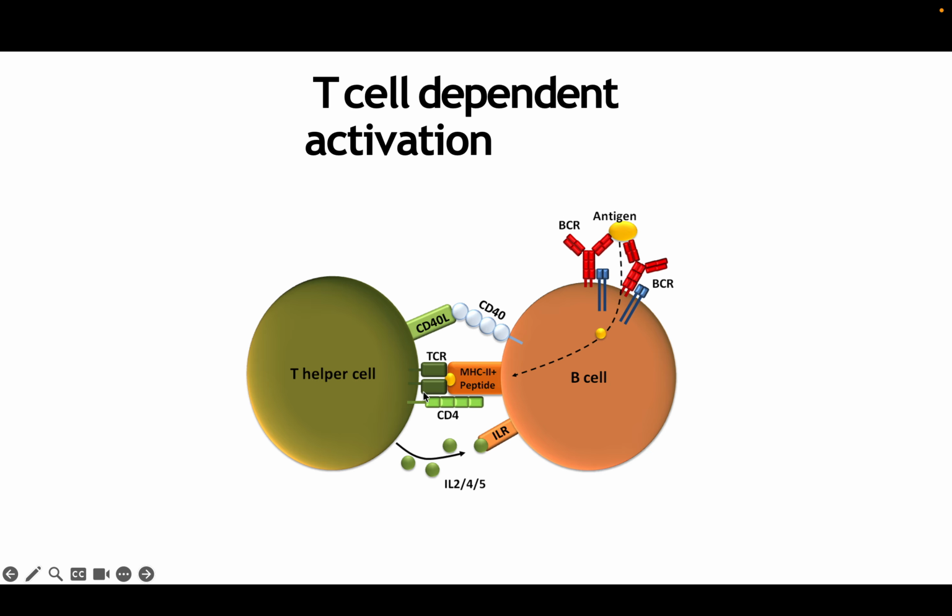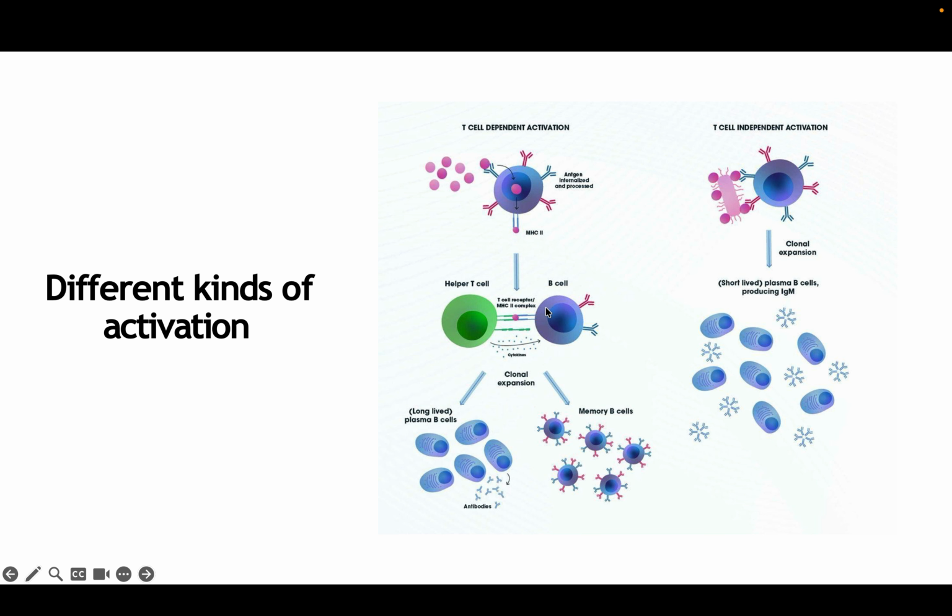You have three signals: one coming from the MHC2, the second coming from co-stimulation, which in T cells is B7 1 and 2 binding to CD28 on your dendritic cell, but in this case it's CD40 and CD40 ligand, and also your cytokines. So this pushes your B cell to start expanding and getting activated.